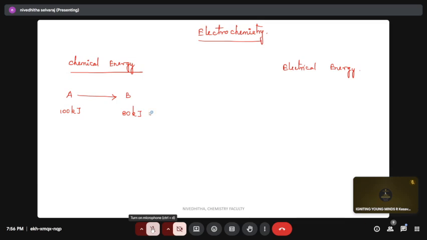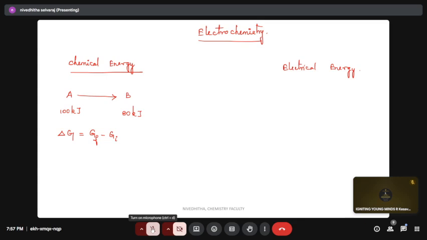So Vedant, how did you tell it is 20 kilojoule of energy? Ma'am, by subtracting the final value and initial value. Exactly. So here the difference has to be represented with delta. And here the energy I'm talking about is Gibbs free energy, which is called G, and delta G is equal to energy of the final state minus energy of the initial state.